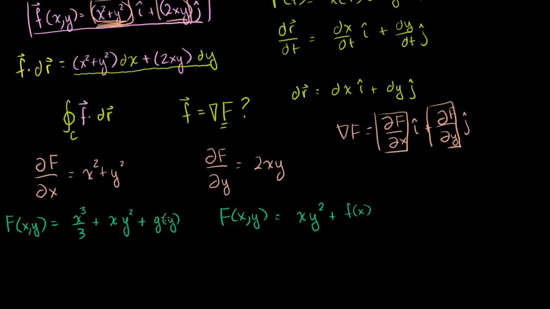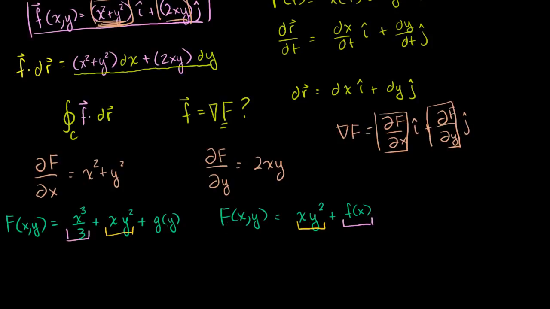Now, this information says f of xy is going to have to look something like this, and this information tells us f of xy is going to have to look something like that. Let's see if there is an f of xy that looks like both of them. On this one we have xy squared, and we have an xy squared there. So good. Over here we have something that's a pure function of x, and here we have something that is a pure function of x, so these two things could be the same thing.